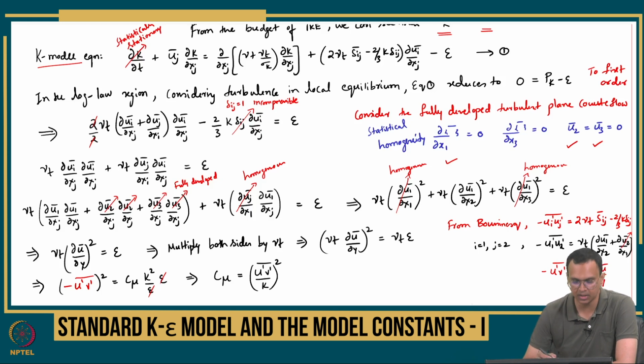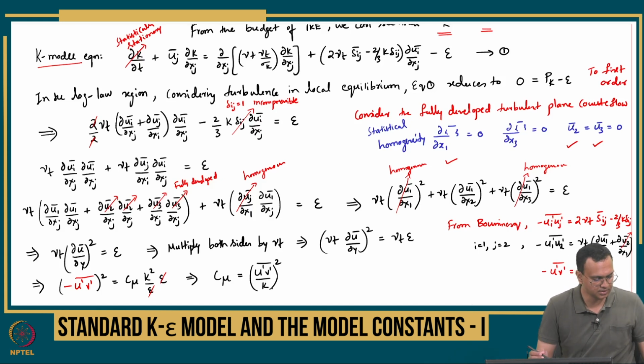So from experimental data, or even from DNS data, we can look at the logarithmic zone and see what this ratio looks like for many Reynolds numbers. It is not just working for one. We have taken a flow, no doubt, but at different Reynolds numbers, and also for different flows where a turbulent boundary layer is present, and we can look at what this value should be.